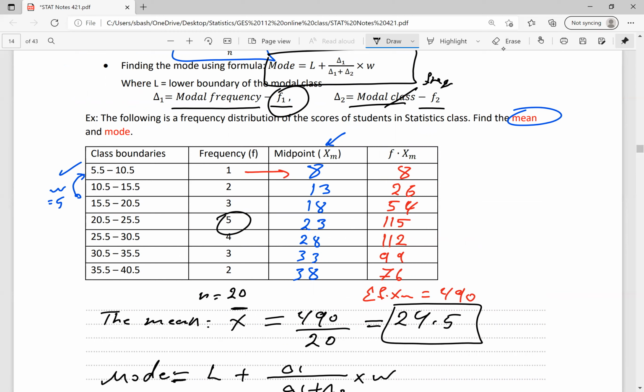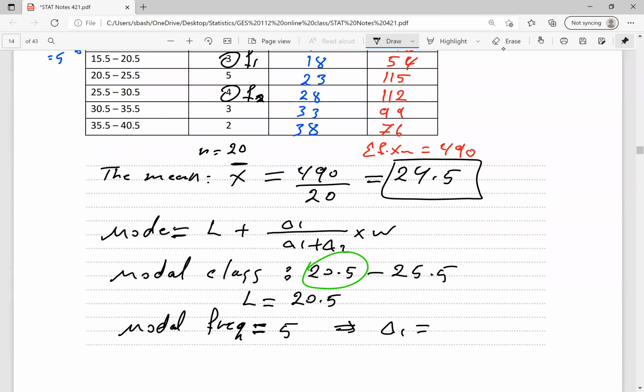F1 is the one up above the modal frequency, and F2 is the one just under the modal frequency. So I have F1 and F2. This will give me delta 1 equal to 5 minus 3, which is equal to 2. Delta 2 is 5 minus 4, which is equal to 1.